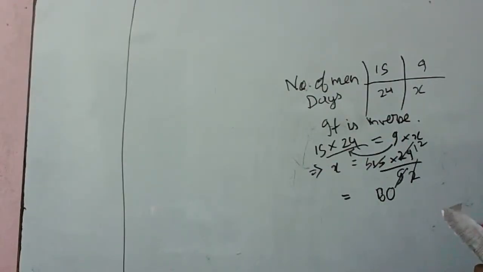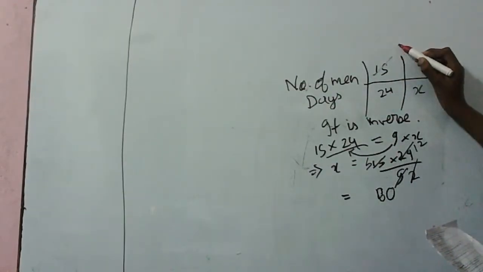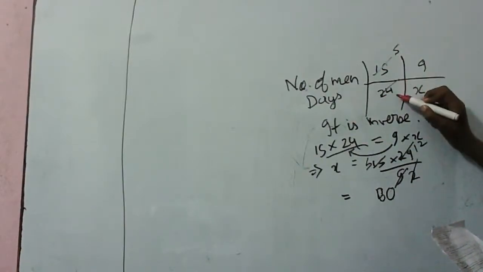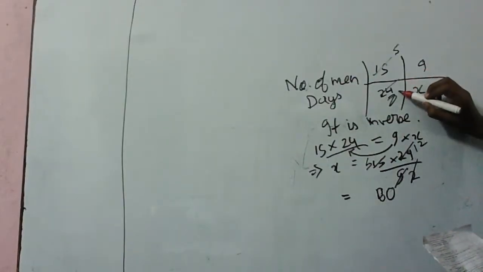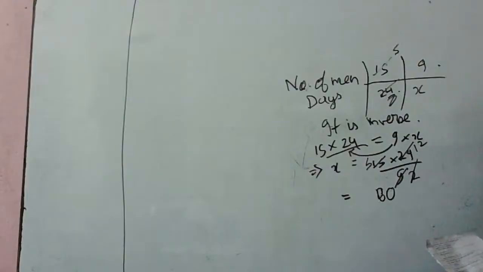Fifteen by 9, 5, 8, 24, 9, 16. It is wrong.